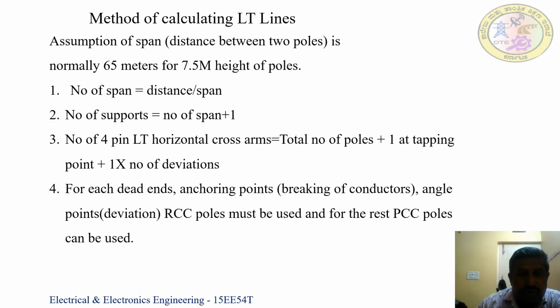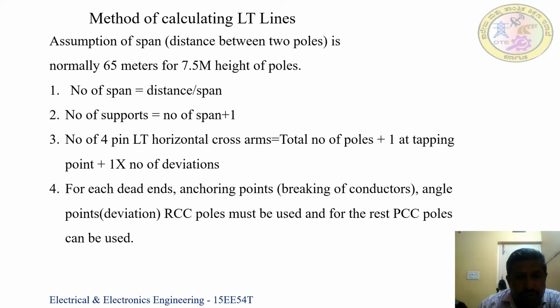Next is method of calculating low tension lines. So first here we have to assume the span, that is the distance between two poles, which is normally around 65 meters for 7.5 meter height of pole. Then first one is number of spans equal to distance divided by span. Then number of supports equal to number of spans plus 1.